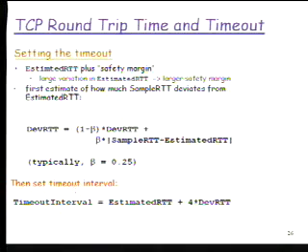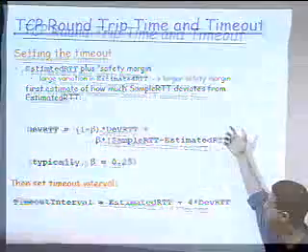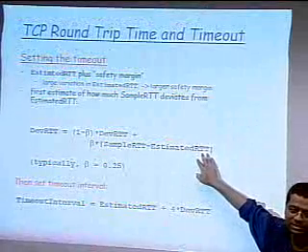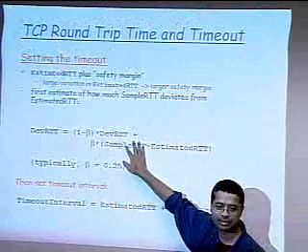You have another parameter, beta. You have an estimate of the deviation, and to that you add a new sample of the deviation. So you get a new sample of the round trip time. You already know what the estimated round trip time is. You look at how much the sample varied.